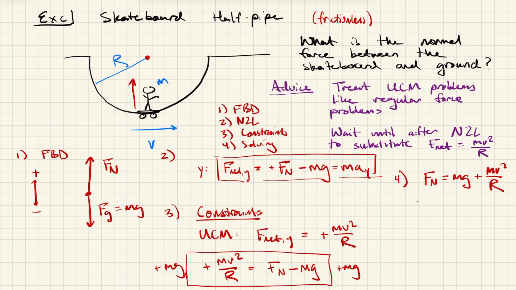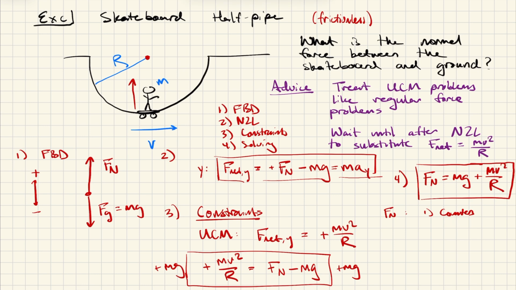And so in this case, what we find is that even though there's two forces, the normal force is the one that's pointed in the direction that the steering acceleration has to be, right? And so Fn has two jobs. First, it counteracts mg, so it makes sure that the skater does not fall through the bottom of the half pipe.